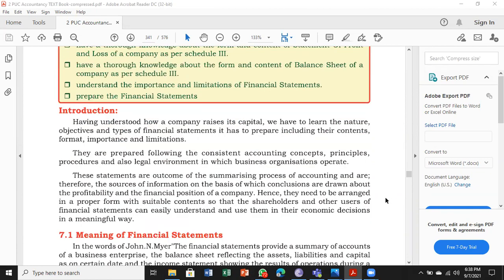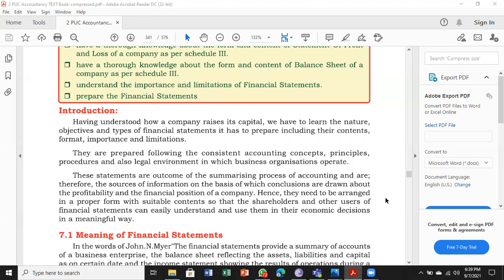So here, like any other business, even the joint stock company has to prepare the final accounts, that is the accounts prepared at the end of the year to understand the profitability and the financial position of the company.